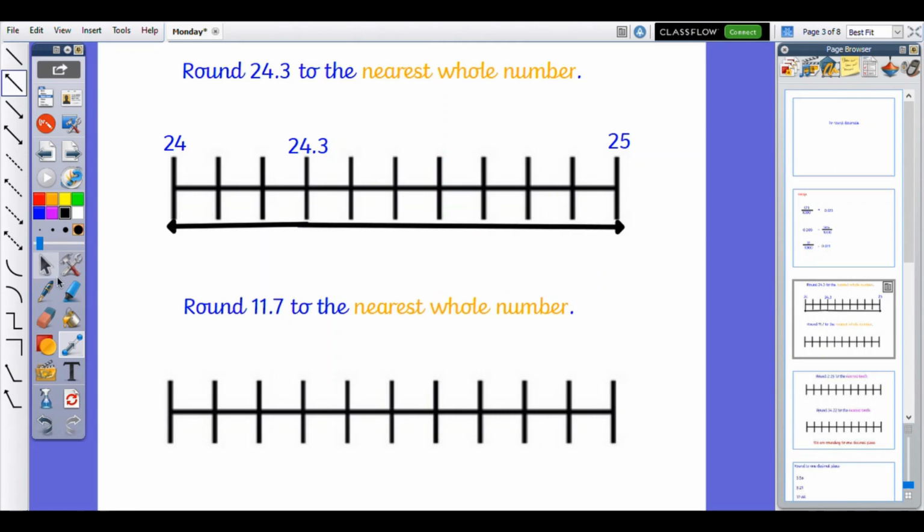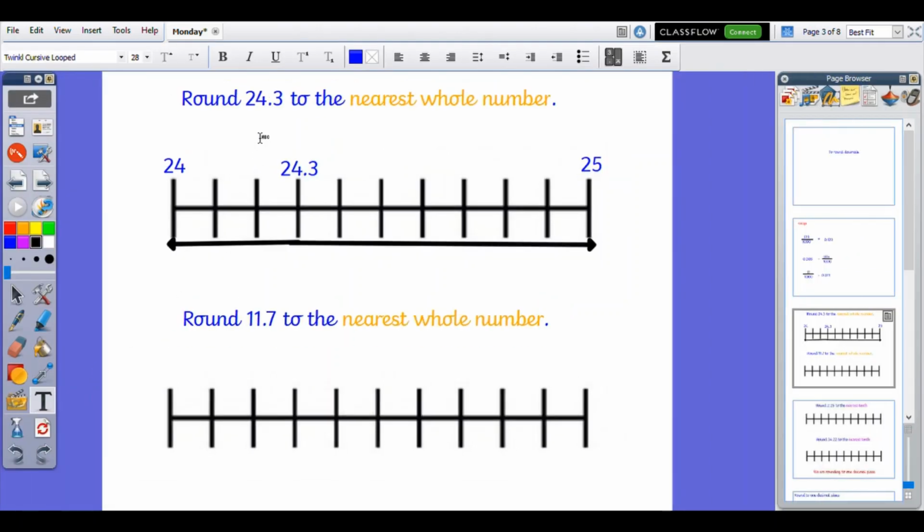And now I'm going to work out the distance, the difference between the two. So from here to here I've got 0.3 and from here to here I've got 0.7. So now we need to look at which has got the smallest difference. Okay, so the smallest distance is 0.3 because 0.3 is smaller than 0.7.